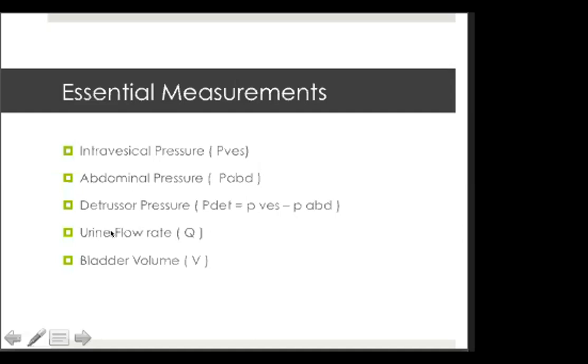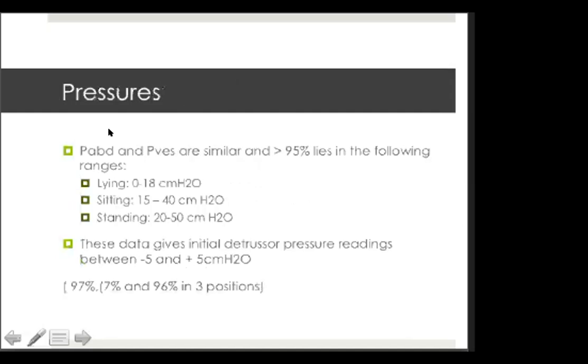Then the urine flow rate, represented by Q, and the bladder volume, which is V. The PAB and the PVES are similar, and above 95% lie in the following range. It depends on the position of the patient. For the standing position, the pressure should be 20 to 50 centimeters of water.